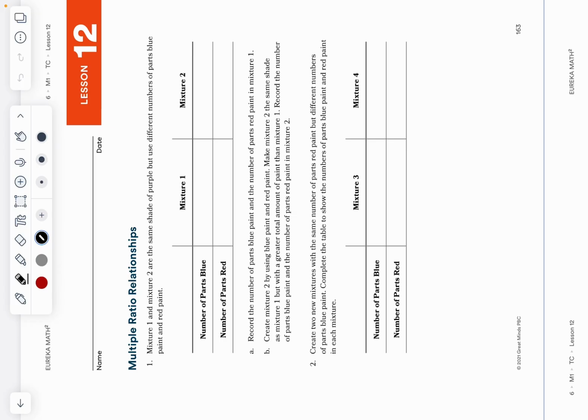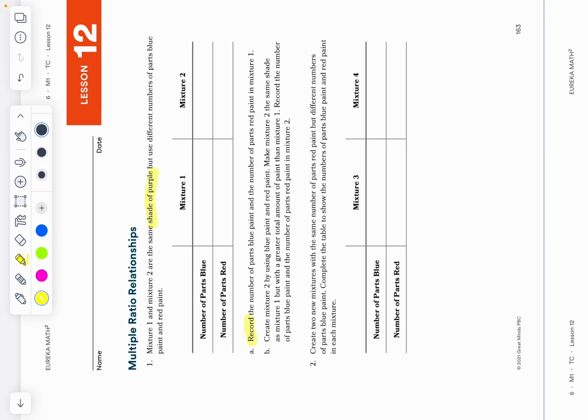So number one says mixture 1 and mixture 2 are the same shade of purple. So if we were mixing this and making a paint color, for instance, we would be making the same color purple. But we need to use different numbers of parts blue paint and red paint. All right, so it says record the number of parts blue paint and the number of parts red paint in mixture 1.